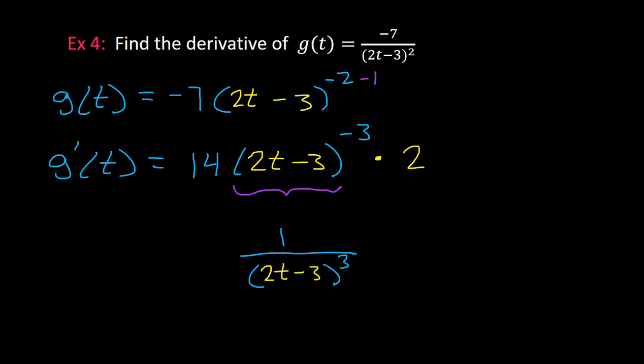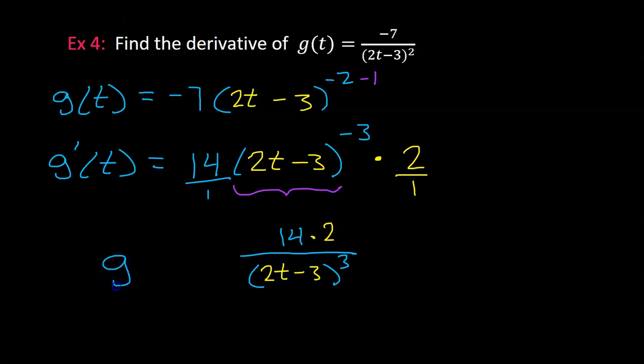In the meantime, we've got the 14, which is like 14 over 1. So that 14 is going to end up in the numerator. And we still have this 2 that has to be multiplied. This is like 2 over 1. So that 2 is going to end up in the numerator as well.